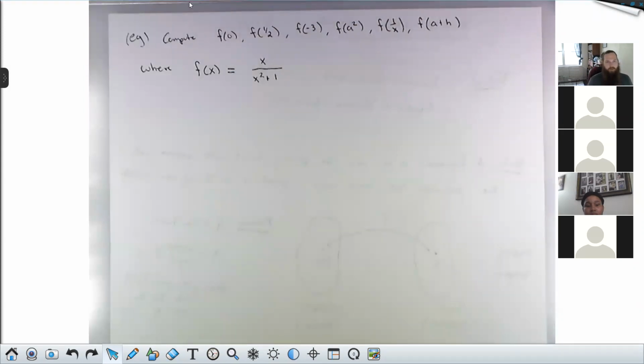So the objective here is just to kind of understand what each of these things means, right? To understand it in the context of this particular function, and then to understand how to get these sort of things from any other function for which you have a nice formula.